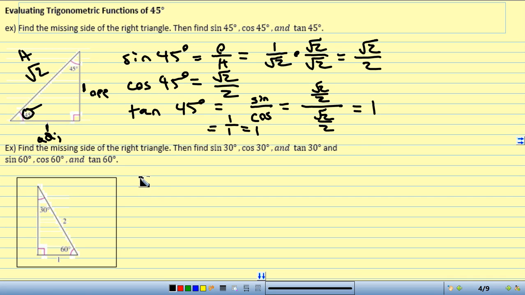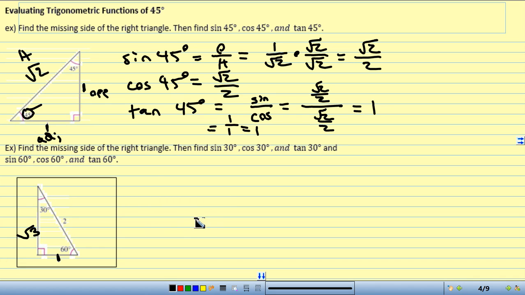So find the missing side of the triangle. Again, this is my S over 2, and this is my S over 2 root 3. Well, S over 2 is 1, okay? So that being the case, 1 root 3, or just root 3.